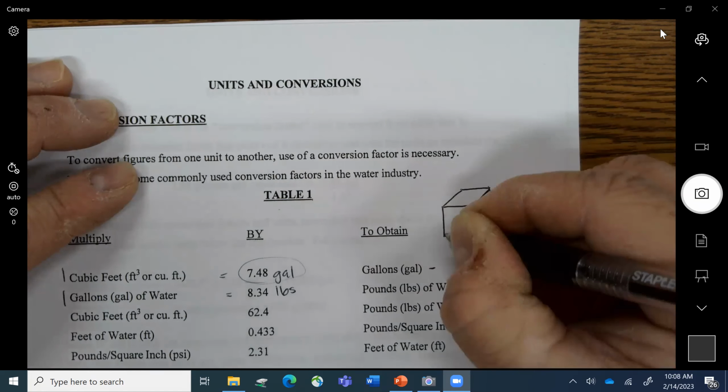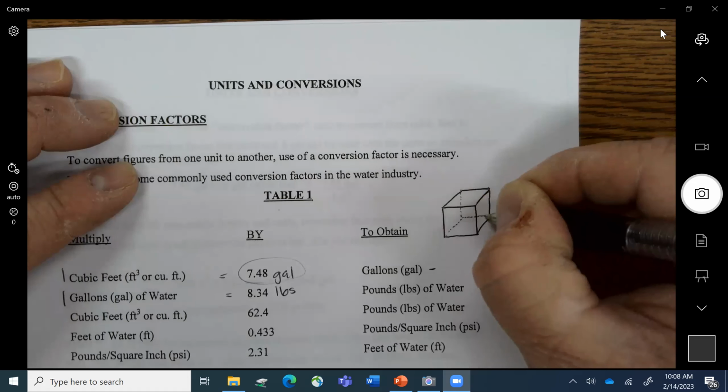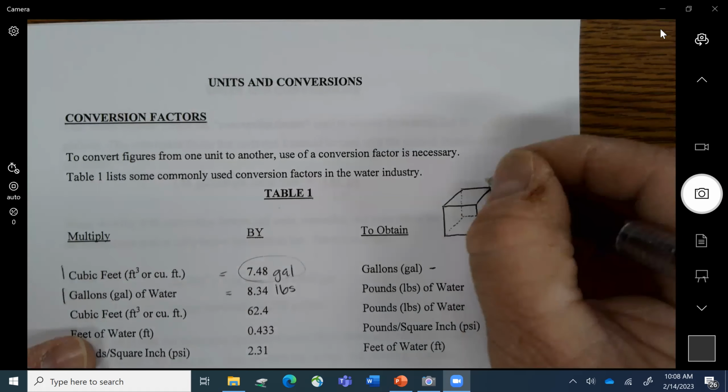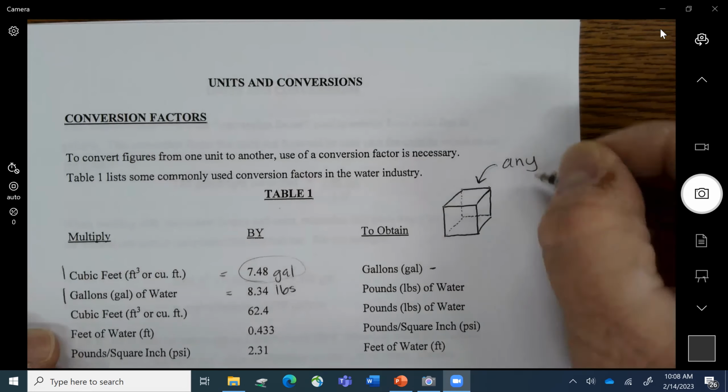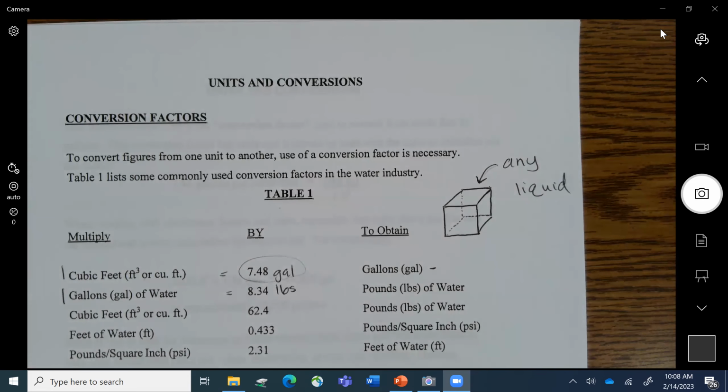All right, so what we got going on here is I have a box that's a cubic foot. If I put any liquid, that's the key, any liquid in here, how many gallons is it going to be? Think about it for a second.